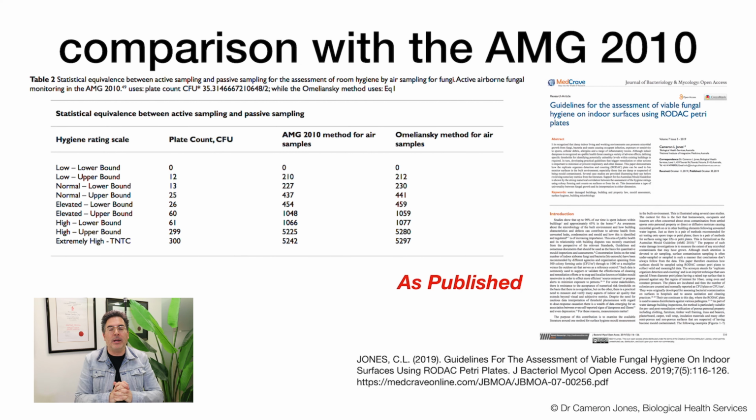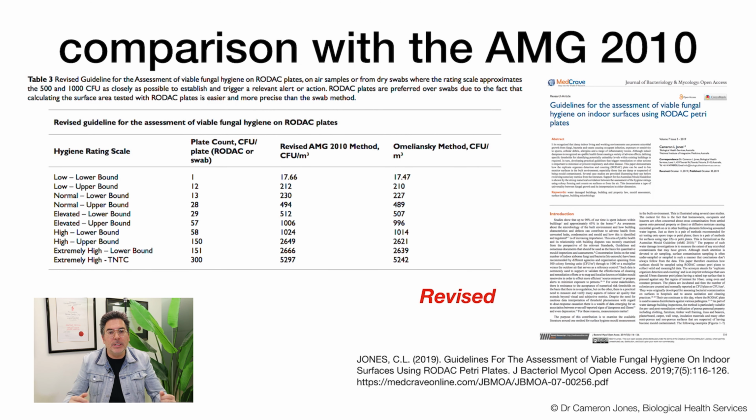And basically, I have taken the data for the number of colony forming units and the thresholds used in the Australian Mould Guideline and worked out what the number of colonies translates to in colony forming units per cubic metre, using the as published Australian Mould Guideline and then using the revisions that I have made and Dr Heike Neumeister has also made to her own mould guideline.